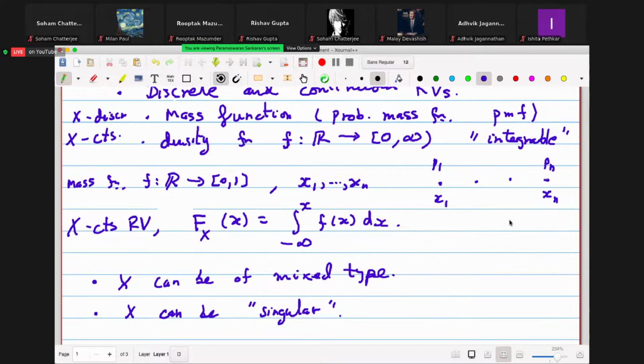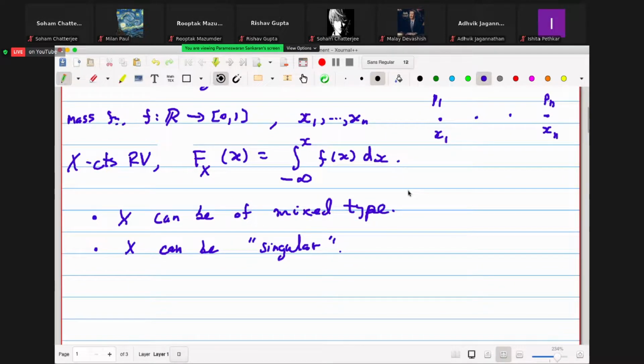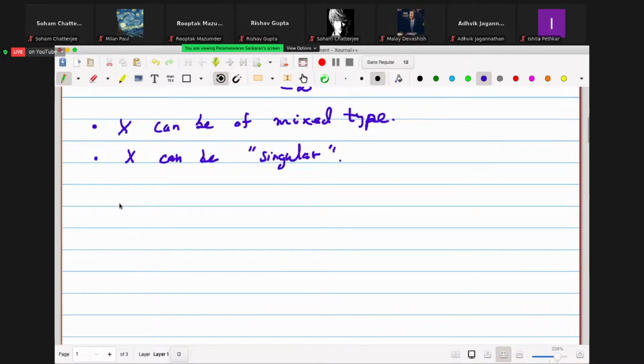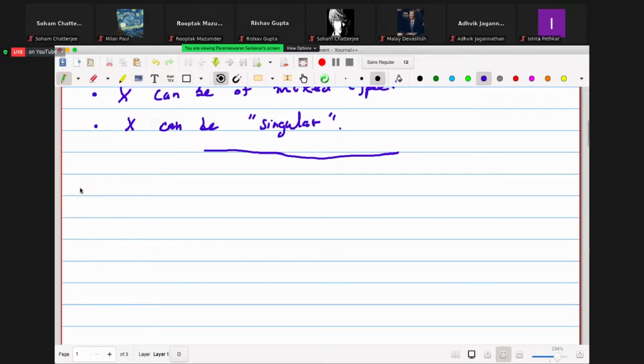So that is discrete, and it can be partly discrete, partly continuous, but it can be something which is neither discrete, nor continuous, nor of mixed type, and those are captured by the notion of a singular random variable. We will not talk about that in this course. A general one can be a mixture of discrete, continuous, and singular. That's the most general one. Okay, so let us do some examples.